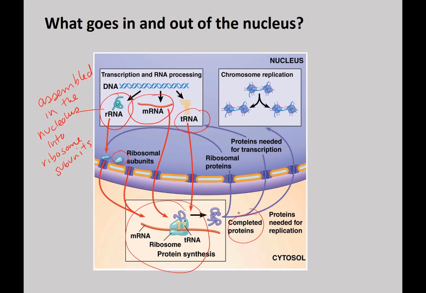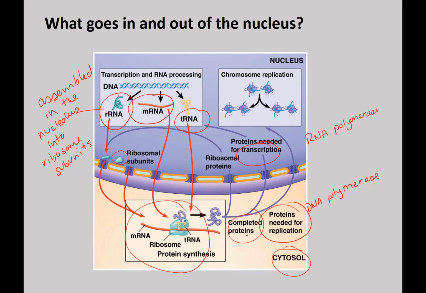And then some proteins that are needed for transcription and for DNA replication. So you know about these proteins like RNA polymerase and DNA polymerase, and all the proteins that you learned about for DNA replication.